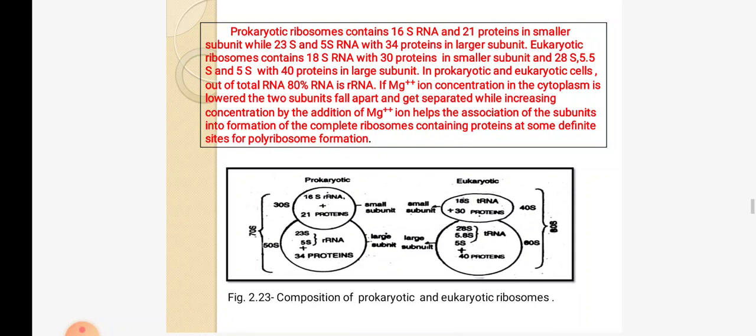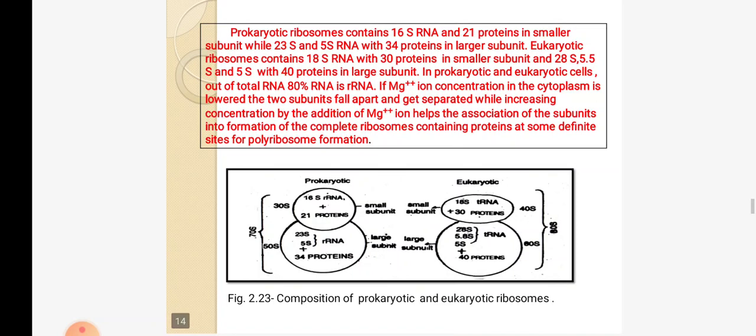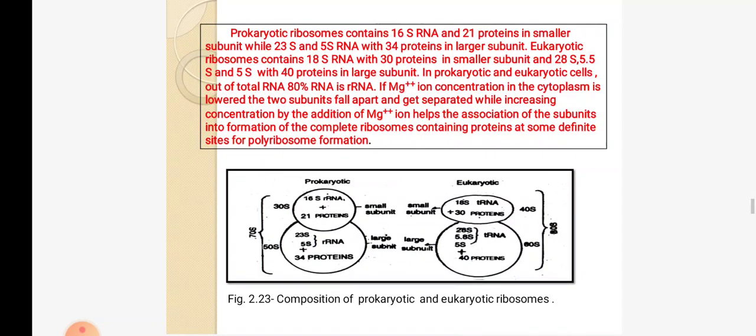Eukaryotic ribosomes contain 18S rRNA with 30 proteins in the smaller subunit, and 28S, 5.8S and 5S rRNA with 40 proteins in the larger subunit. In both prokaryotic and eukaryotic cells, that is in simple and in advanced cells, out of total RNA, 80% is rRNA.